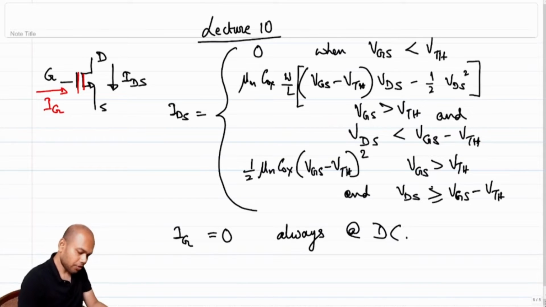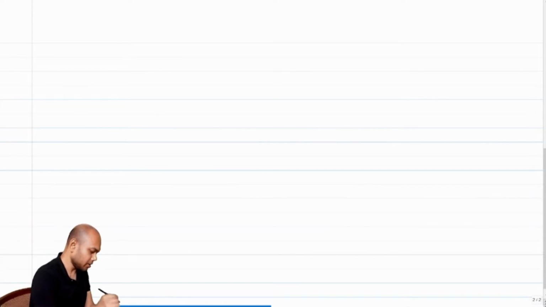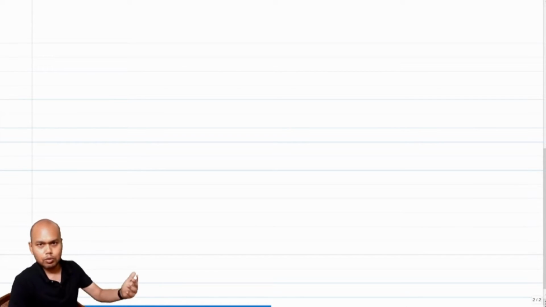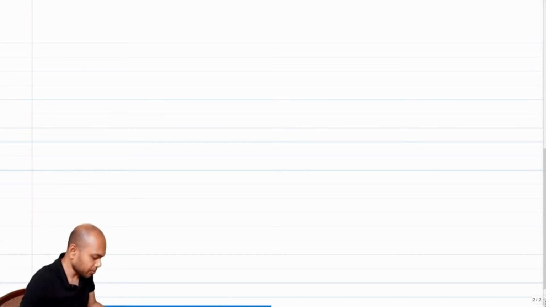Okay, so now if these are the complete current voltage DC characteristics of a MOSFET, how does this help us in achieving amplification? That's the moot question, right? That's what we are after.